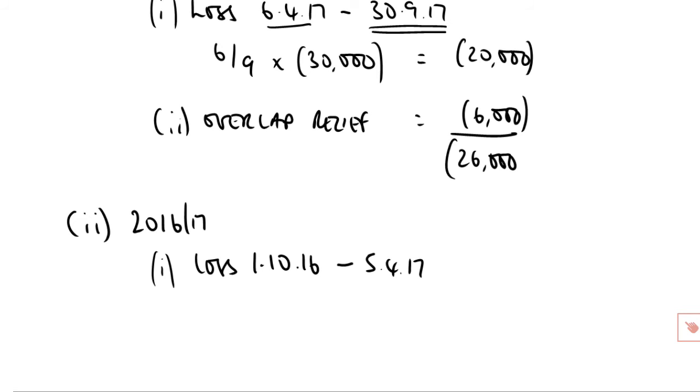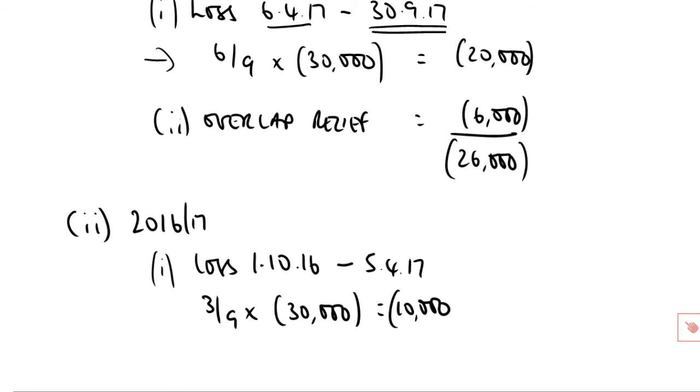If we work back in time, then we've allocated 6 of the final 9-month period of trading's loss to the final tax year. So we've now got the remaining 3 months of that falling into this period. 3/9 of 30,000 will therefore equal, what have we got there? That's going to be £10,000, of course.